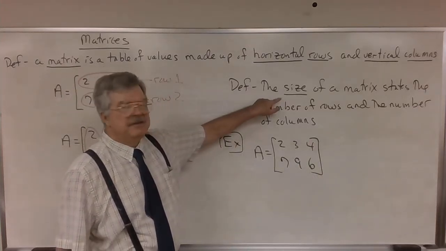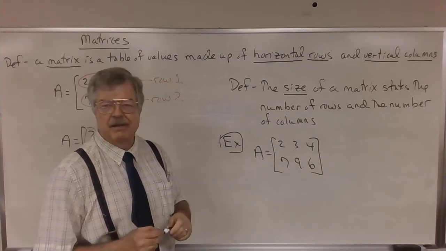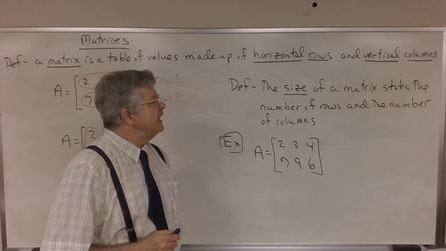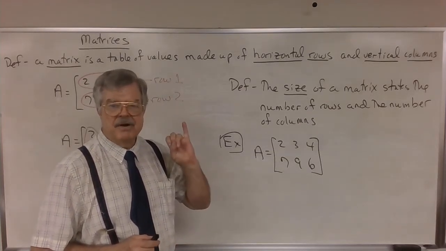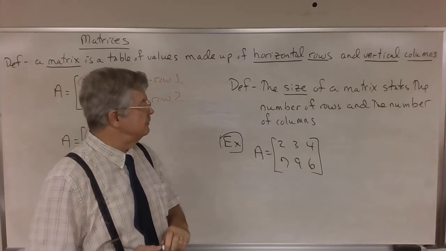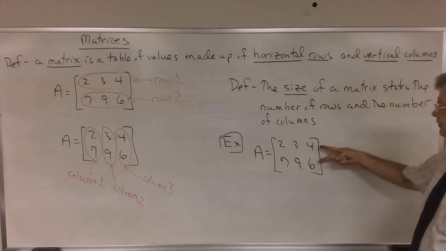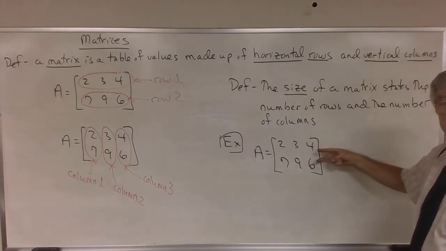The size of a matrix doesn't directly give us the number of elements. Indirectly it does. But the size of a matrix actually tells us the number of rows and the number of columns. See, the rows are horizontal, so how many rows does this matrix have? 2, right?